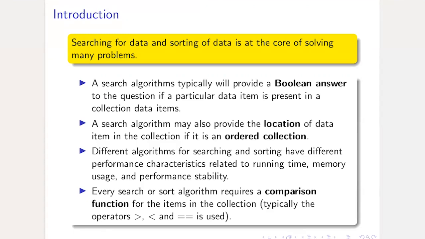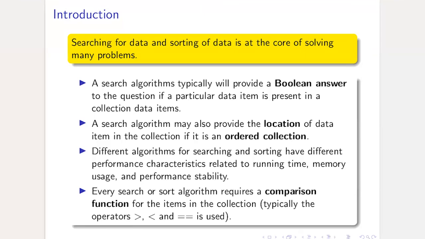Now, when you consider different algorithms for searching and sorting, take searching, for example: they would always provide the answer whether a particular item is present or not, and depending on whether it is an ordered collection or not, you will be able to get a location also.